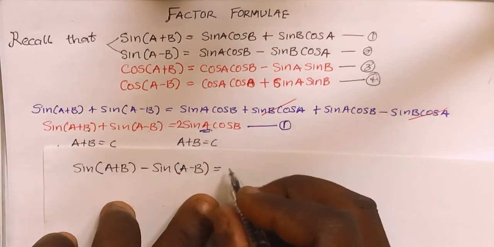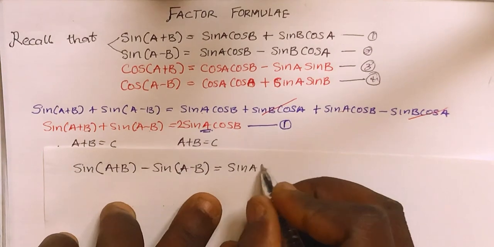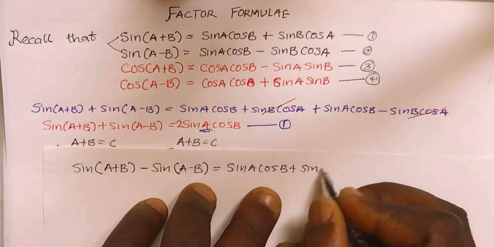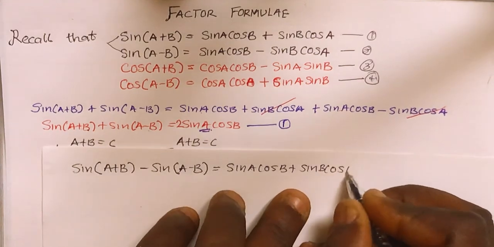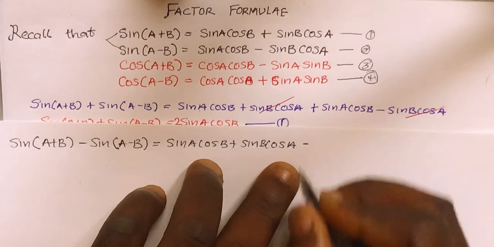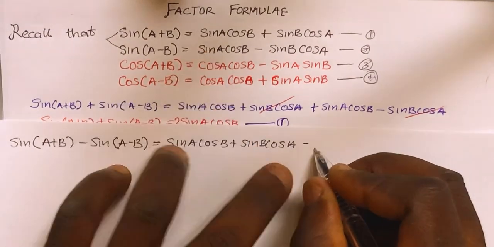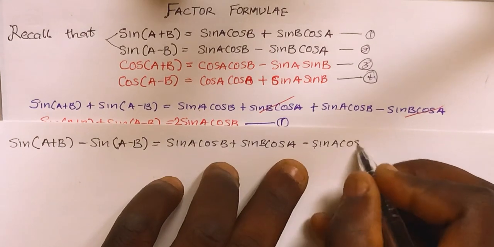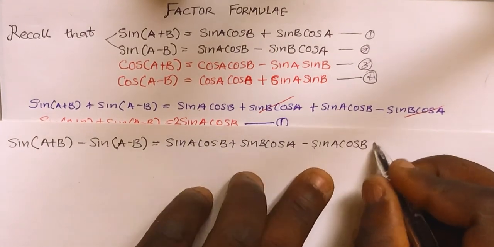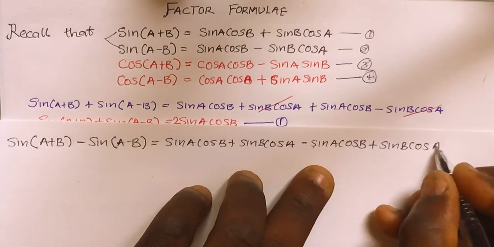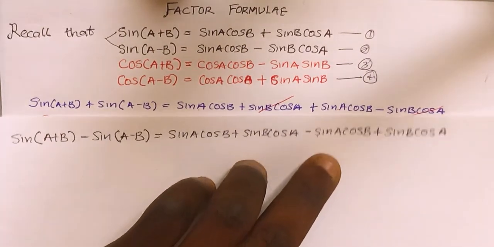It will equal sine A cos B plus sine B cos A, minus, putting this into brackets, sine A cos B minus sine B cos A, and this will change to plus sine B cos A. Can you see this now?